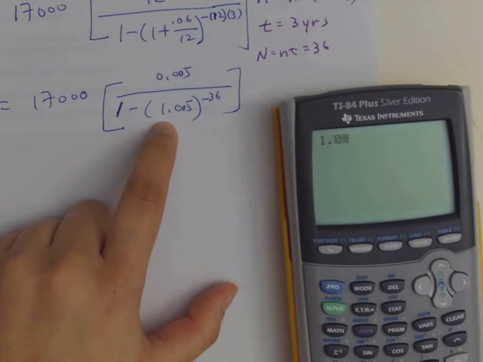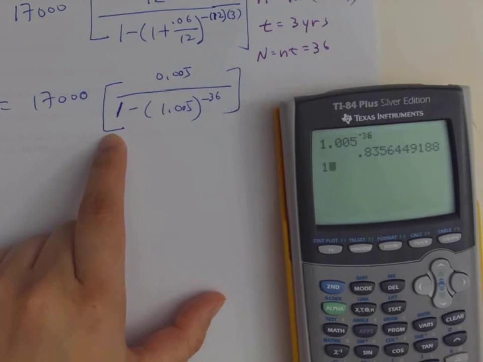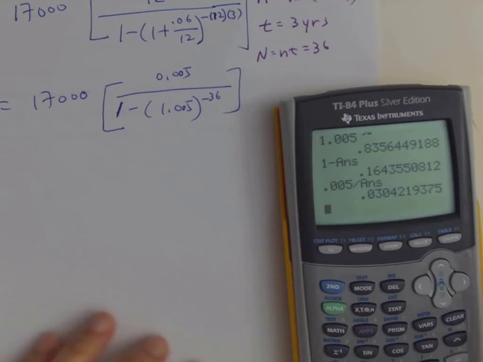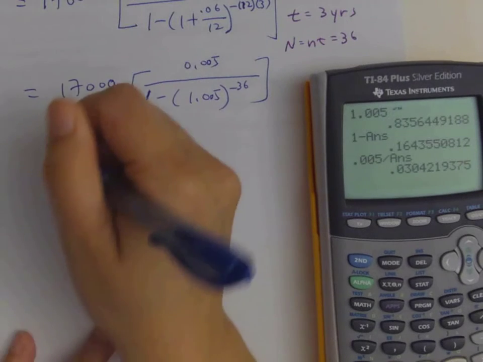This is 1.005 raised to negative 36, and then 1 minus that answer, and then 0.005 divided by the last answer. Okay, that looks right.